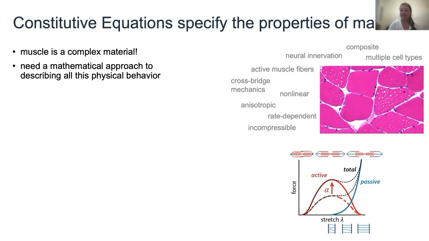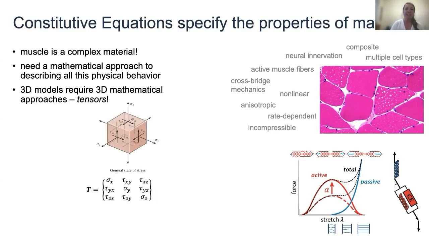And so this is in fact the constitutive relationship that shows up in our Hill type models, right? We're mathematically representing this behavior. But for finite element modeling, we're representing the 3D behavior of muscle. And so our 3D models require a more complex mathematical approach for our three-dimensional material or tissue behavior.